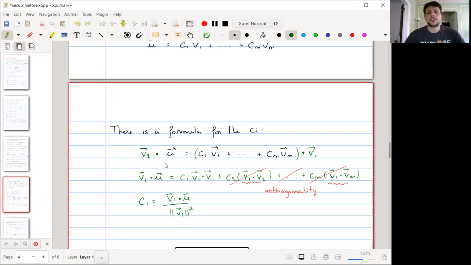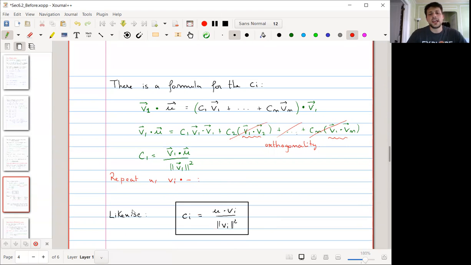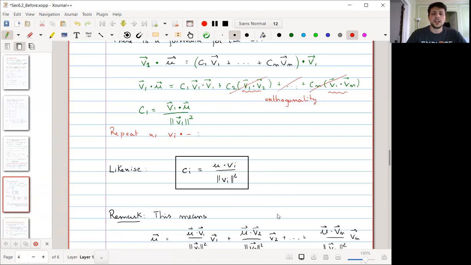Then one can repeat the same argument with vi's, dotting both sides of the equality with vi. And what one obtains is the following formula. Every one of the coefficients is given by u dot vi over the norm of vi squared.